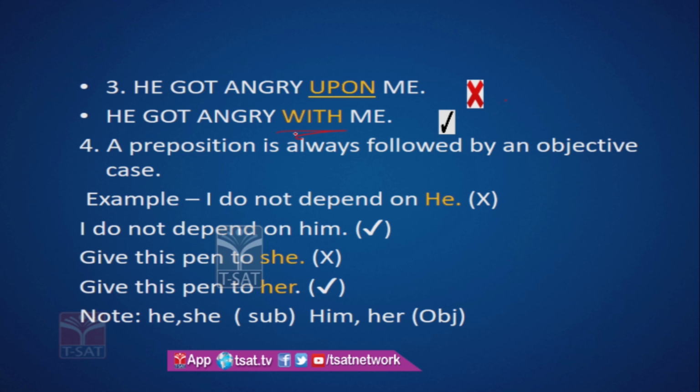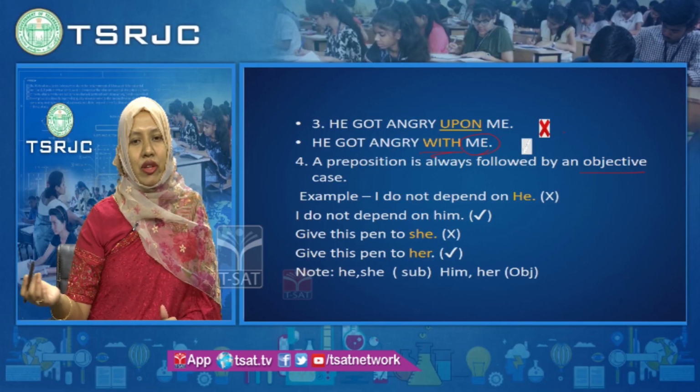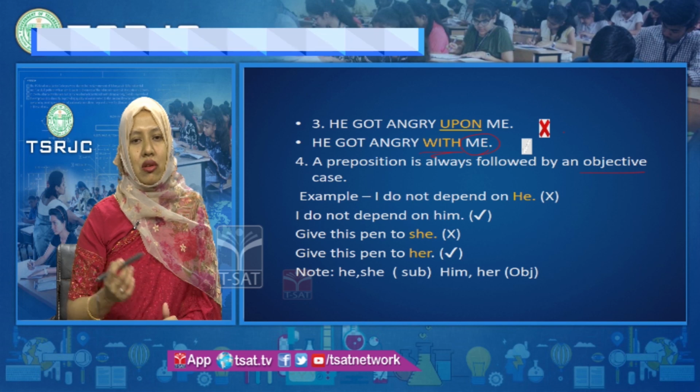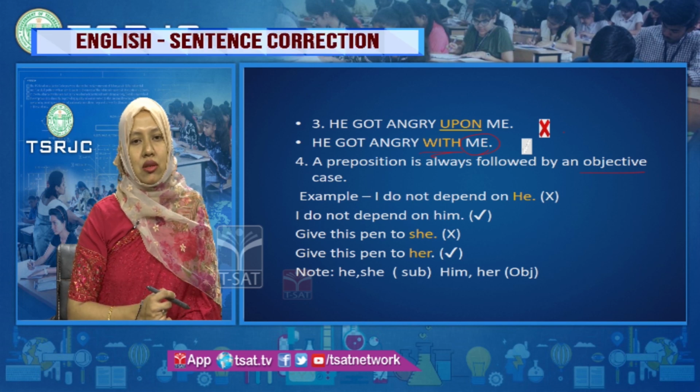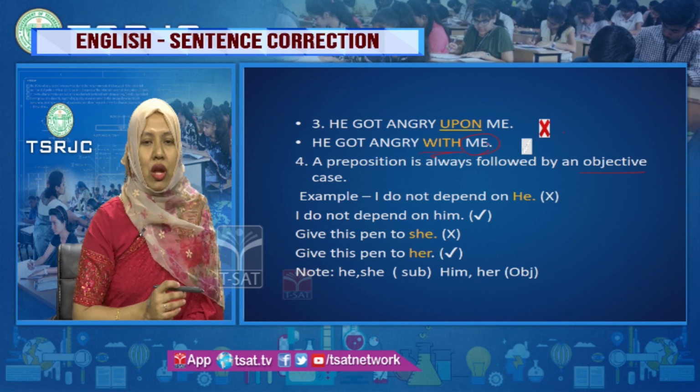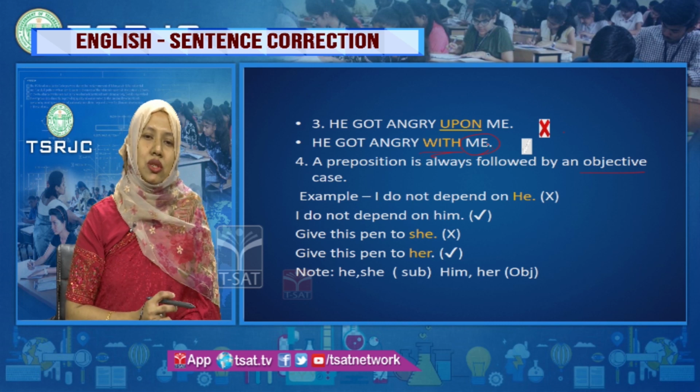A preposition is always followed by an objective case. When it is me, always it should be with me, with him, with her. He got angry with her, she got angry with me or with him. So when these objective pronouns are used, along with this you should use with as the preposition.